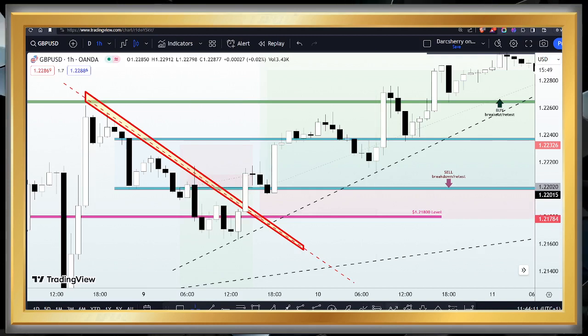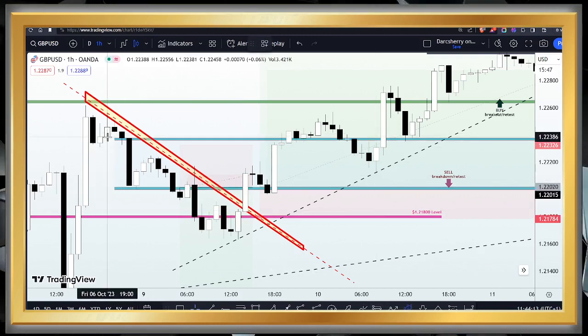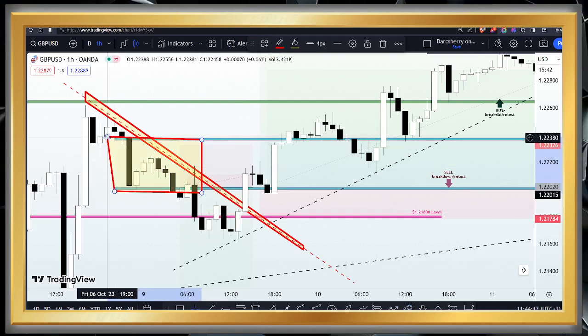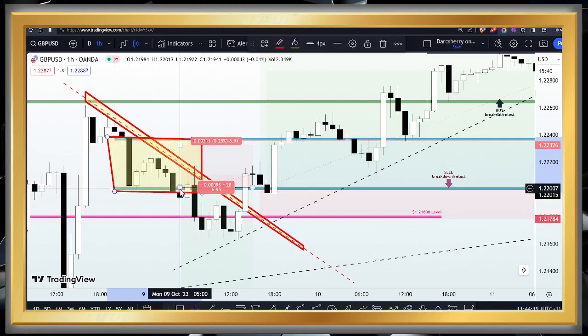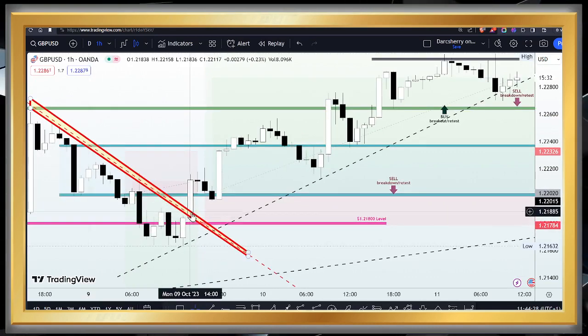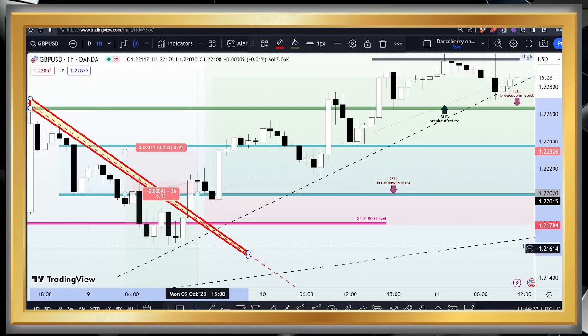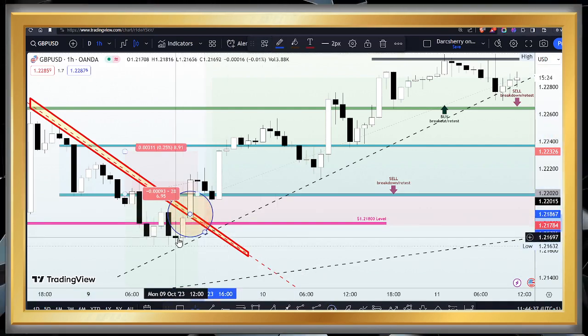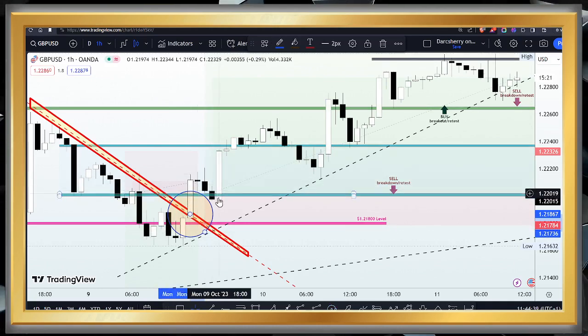Now, we saw our first sell position for the week after price action broke down the support line of this range, as we saw our first sell position triggered at the breakdown of the 1.2200 level. We moved our stop losses accordingly, and we saw price take us out of our sell position at a worst case scenario break even, leading to the breakout of that descending trend line to trigger our first buy position.